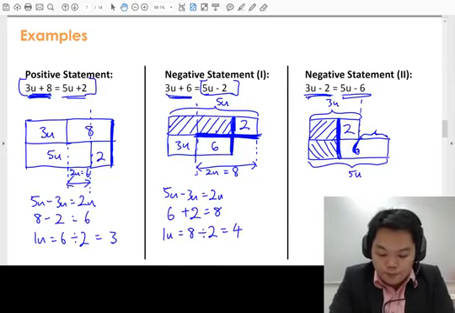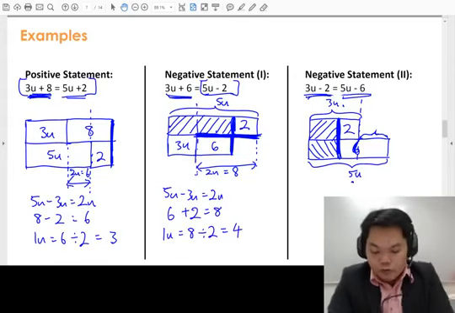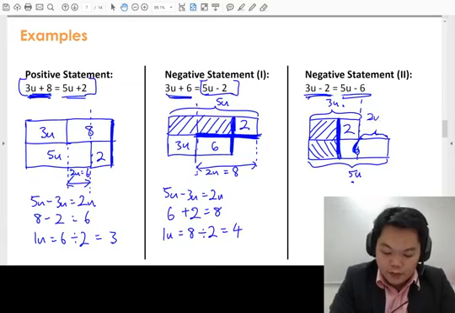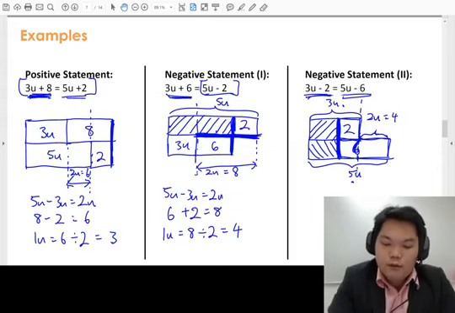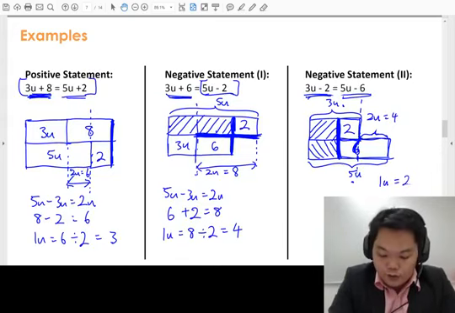So over here, if you take 5 units and minus 3 units, you would have 2 units remaining. If you take 6 and get rid of the 2 on the left side, you would have 4. So if 2 units is 4, then we can say that 1 unit is 2.